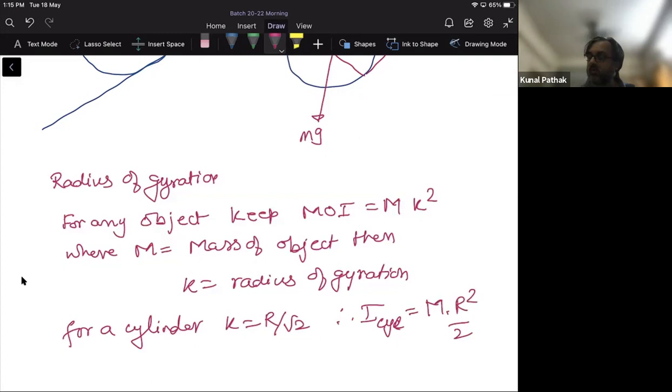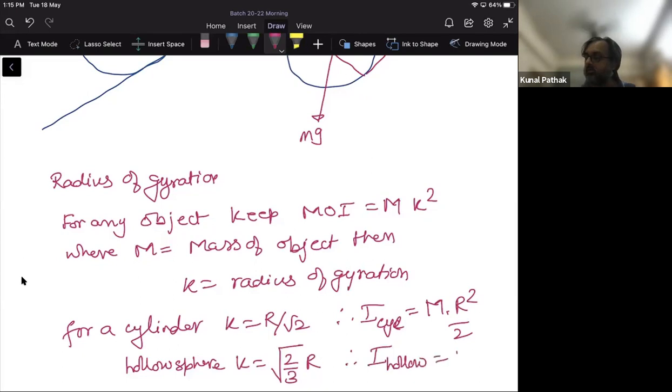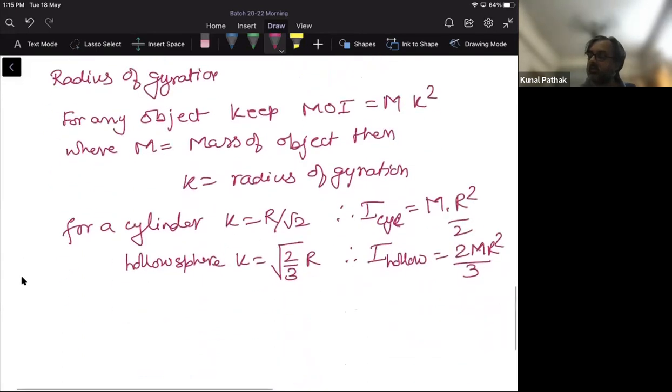For a hollow sphere, k is equal to root 2 by 3 R. So, moment of inertia of a hollow sphere is equal to 2 m R square by 3.